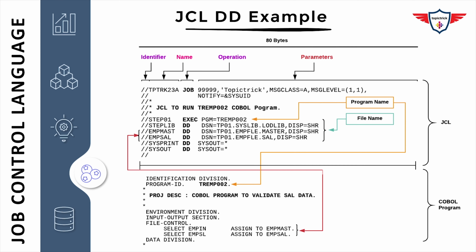For both files I've specified disposition as share, and if you look at the bottom section of your screen, here's a COBOL program. I've just given a snippet of that. In the COBOL program there are two files. First one is emp-in, which has a DD name of emp-mast, and the second file is emp-sl, which has a DD name of emp-sal.